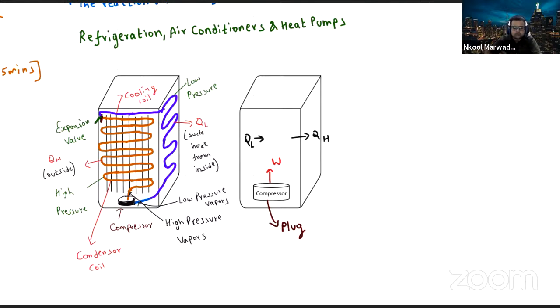And I can write it something like this. I have two regions.